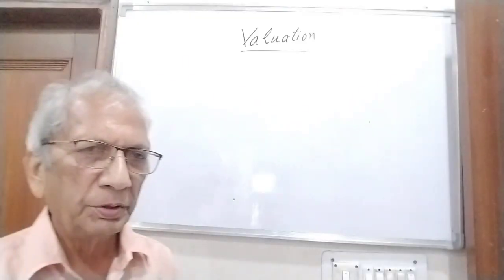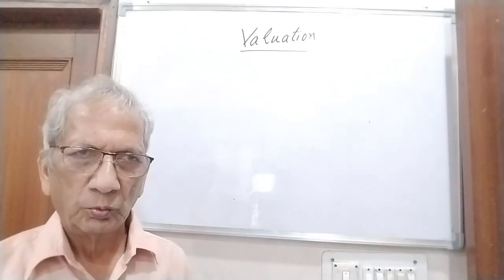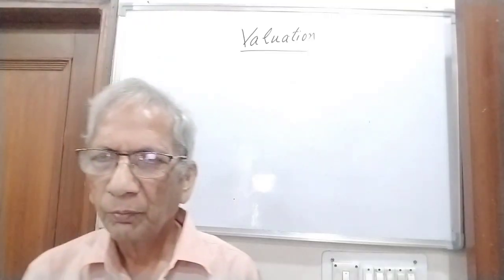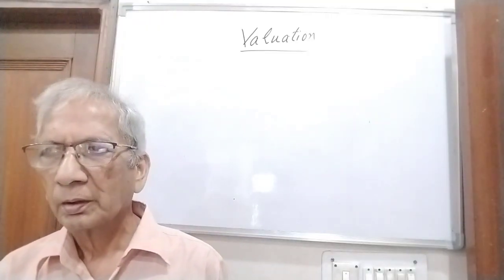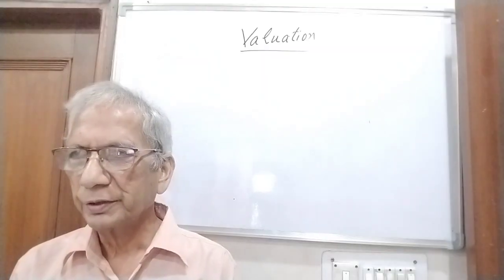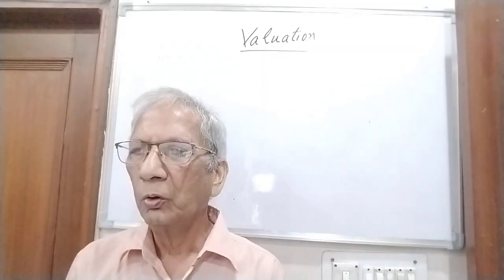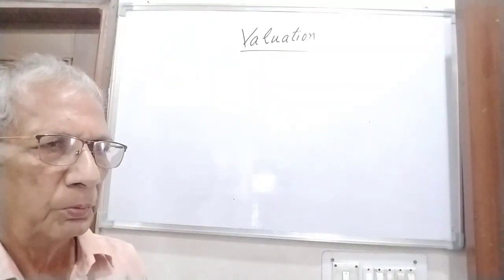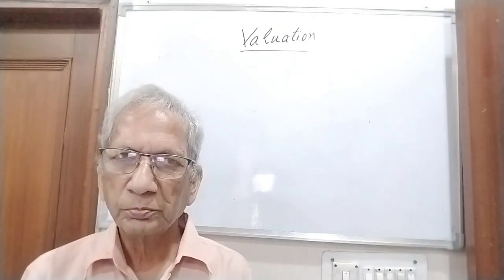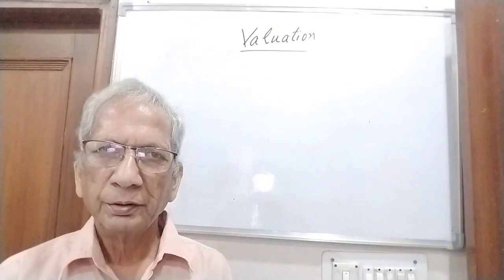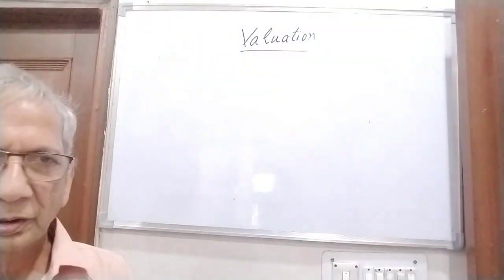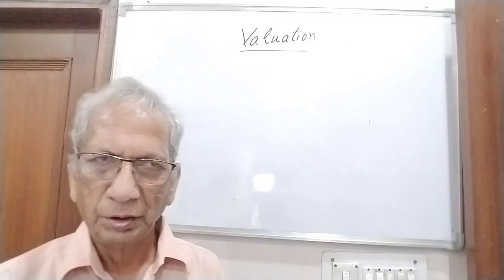Now, first term is value. Value of a building, value of a machinery, value of a car. Now, as we are civil engineering students, therefore we will take the example of a building so that various terms of valuation we can understand if we take building instead of any other thing.